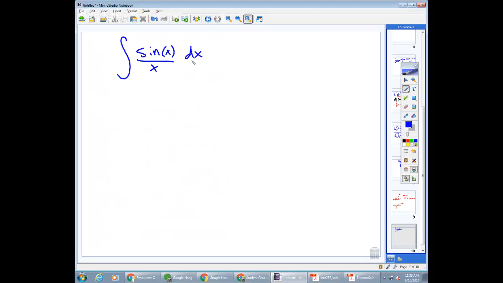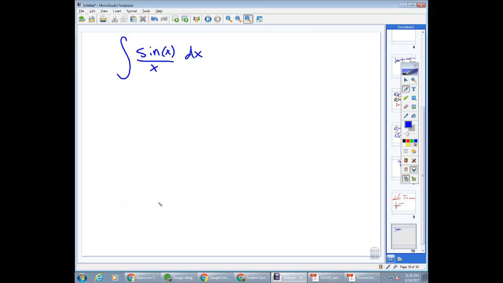Well, any trig identity isn't going to help because of that x in the bottom. And any substitution with x isn't going to help with the sine. Any substitution with the sine is not going to help with x. So if I tried to do trigonometric substitution for example, I would end up with sines and like inverse sines all in the same place, which is not a pleasant experience.